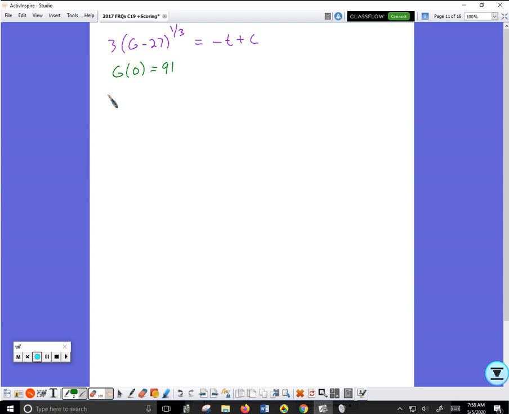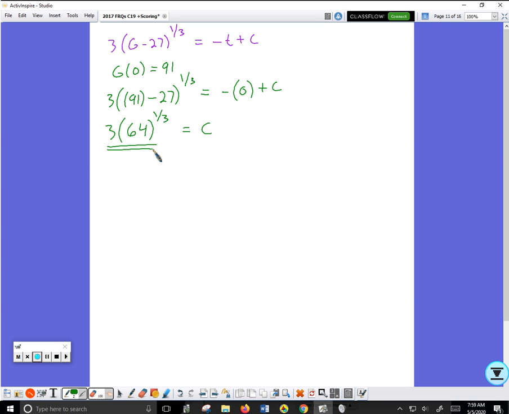So that means 3, plug in 91 minus 27, the 1/3 power must equal negative, put in parentheses for t, 0, like that. So now I have 3. Use my calculator. This turned out to be 64 to the 1/3 power equals c.